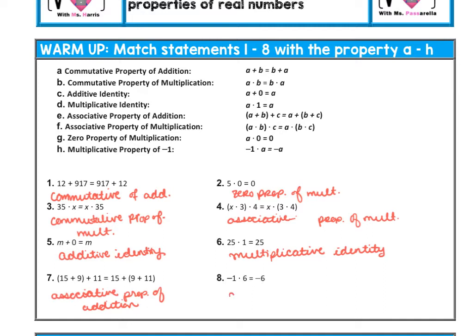Number eight is the multiplicative property of -1. So go ahead and check your answers with these answers for the warm-ups. And now we're going to move on to part 2 of this worksheet.